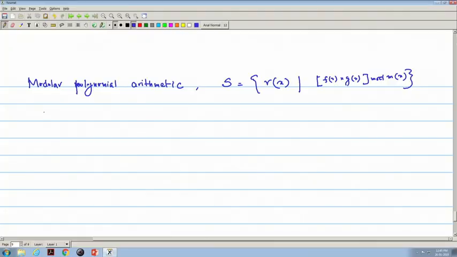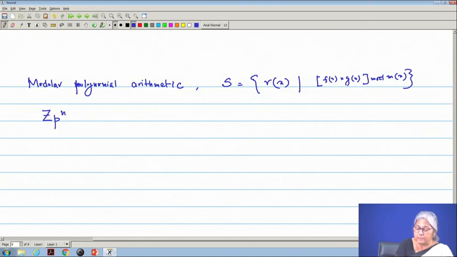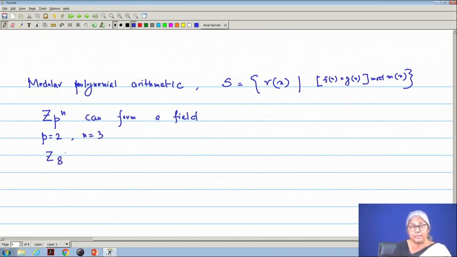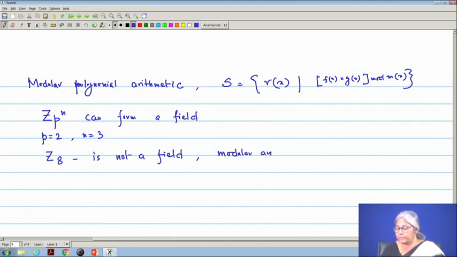So, we started our lecture with how Z_p to the power n can form a field, and we have seen, taking p equal to 2 as an example and n equal to 3, that Z8 is obviously not a field under normal modular arithmetic. Now, we have got 8 polynomials.